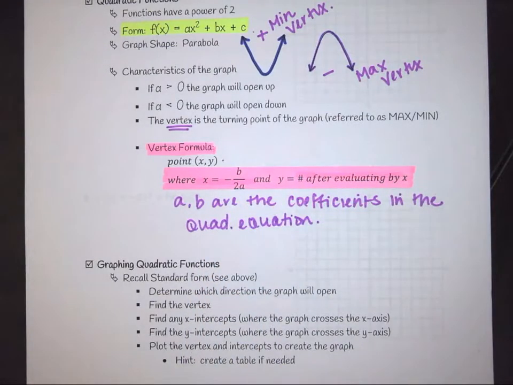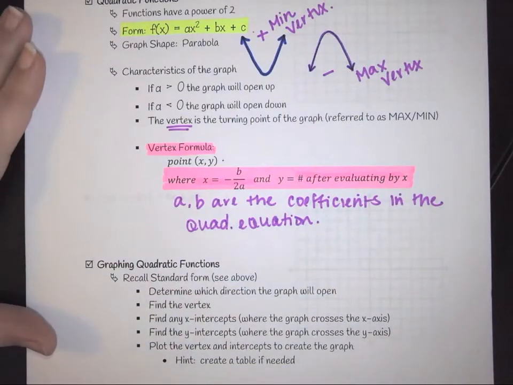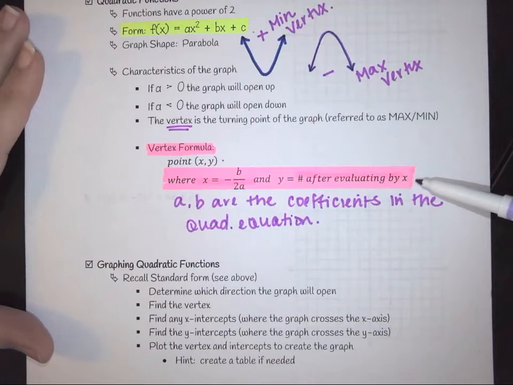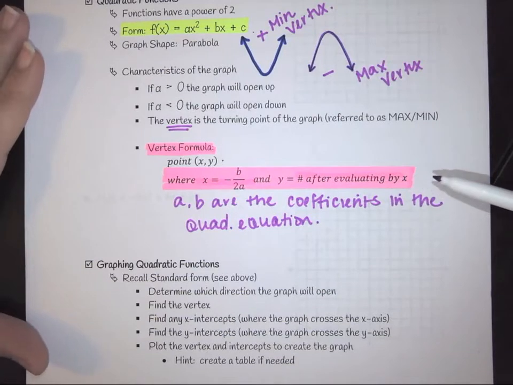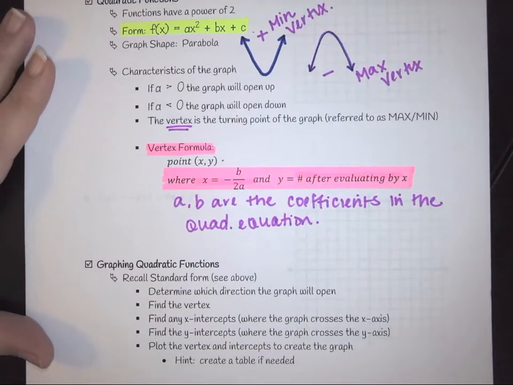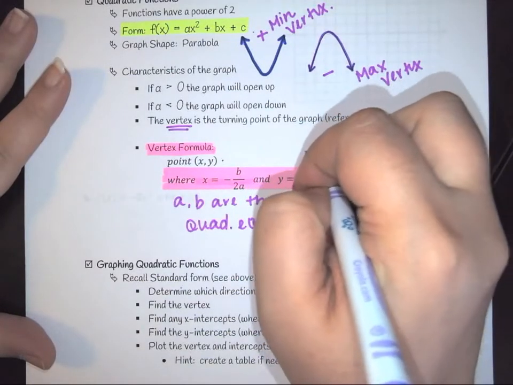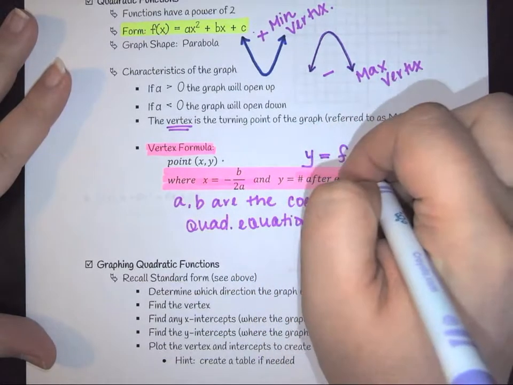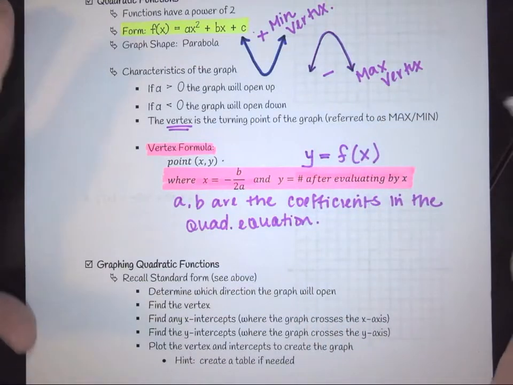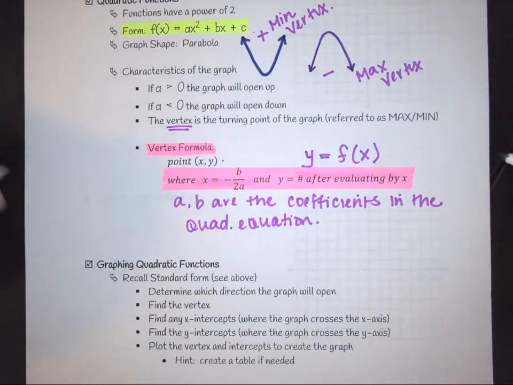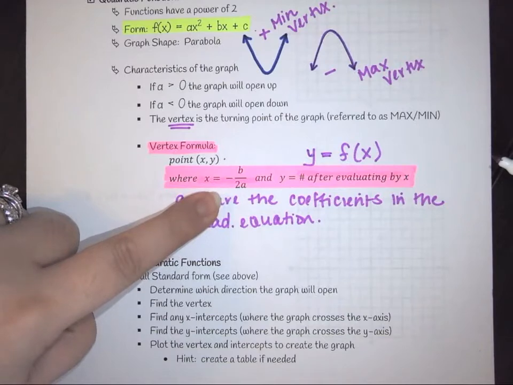So these are the coefficients attached to your x squared and x terms in that quadratic equation. Well, to find y, we simply have to evaluate with that x value. So in other words, the y here is found by doing, say, f of x, where x here is going to be whatever you found in the first step.